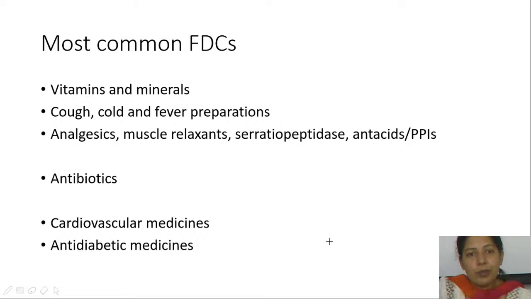These are some of the examples of most common fixed dose combinations available in the country. You would see lots and lots of preparations for vitamins and minerals, but when you look at their composition, the amount of each vitamin, you would notice that most of these preparations are meant only for prophylaxis. They are not meant for treatment of a particular condition.